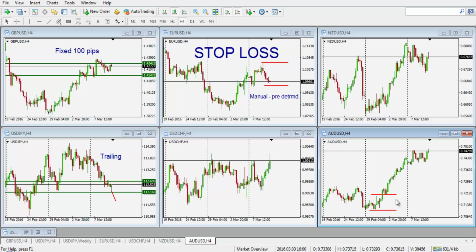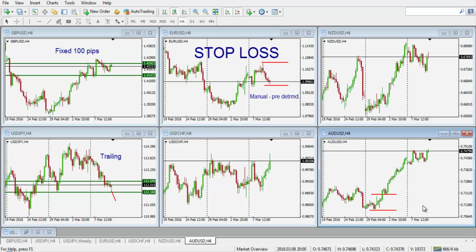Now the question becomes, if we have a very good entry and the price action goes in your favor, you don't want it to retrace all the way to your entry or even your initial stop loss. So the question here is, how do we put a stop loss that allows us to bank a few pips should the price action go against us?